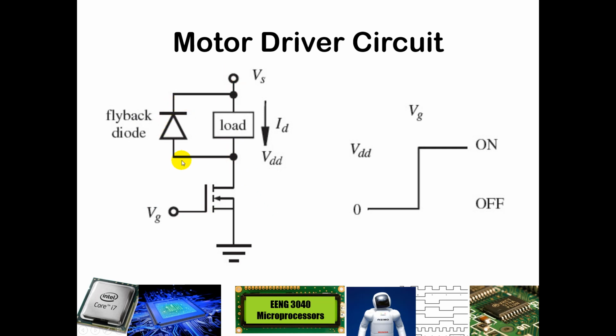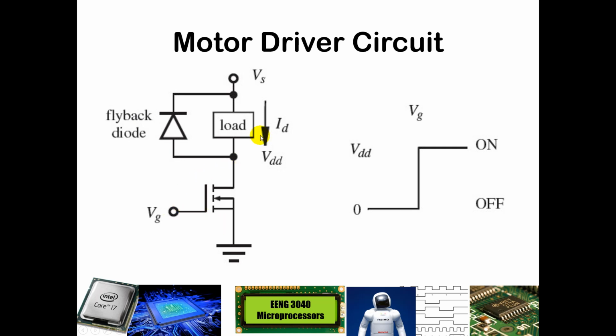We also need this flyback diode, because if you remember, a motor is primarily an inductive load, and inductors do not like to instantaneously change their current. So the ID, which will be the drain current, is the current going in this direction from high to low toward ground. A transistor like this has a gate, a drain, and a source.